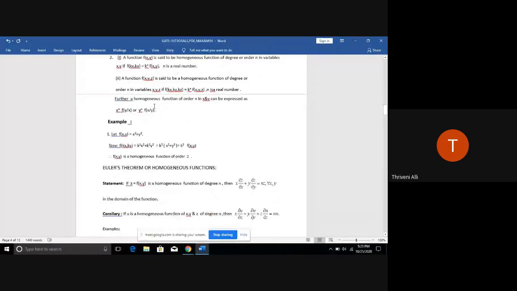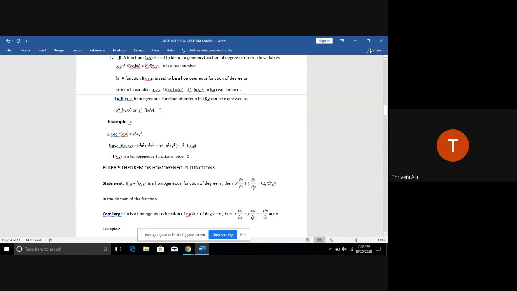So here we will see one example. Let the function be x square plus y square. Now f of kx comma ky equal to, so we replace kx in the place of x, ky in the place of y. Okay.